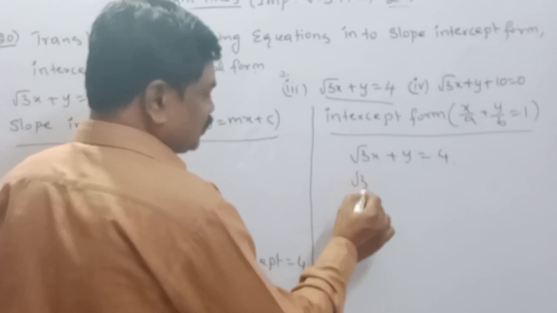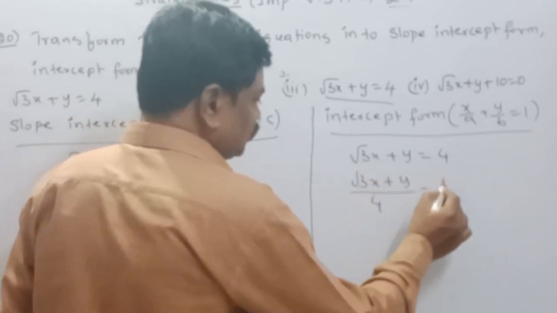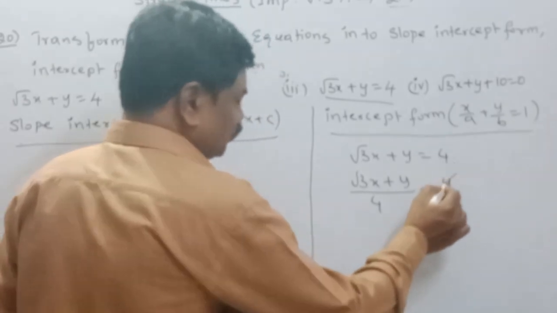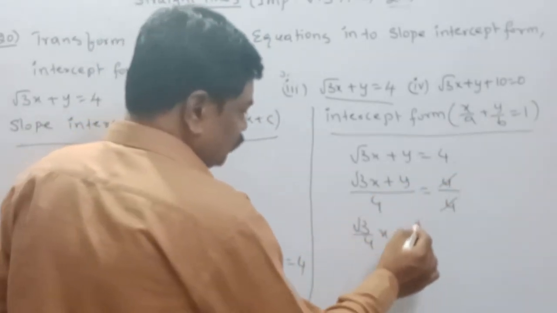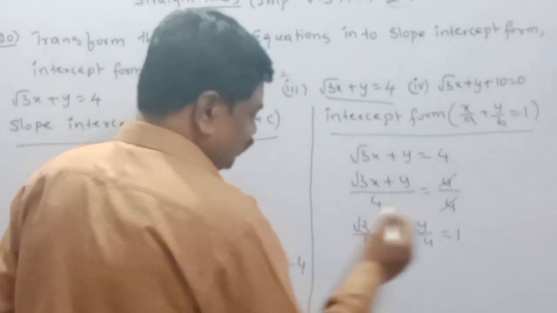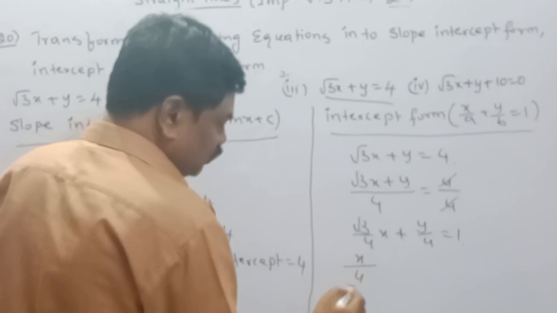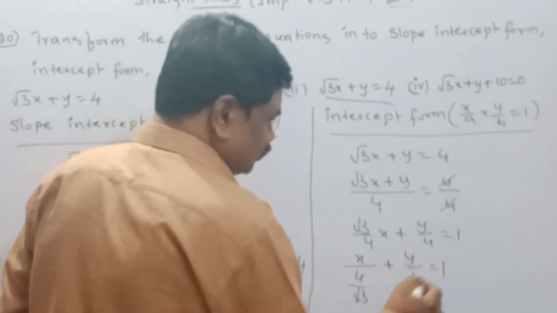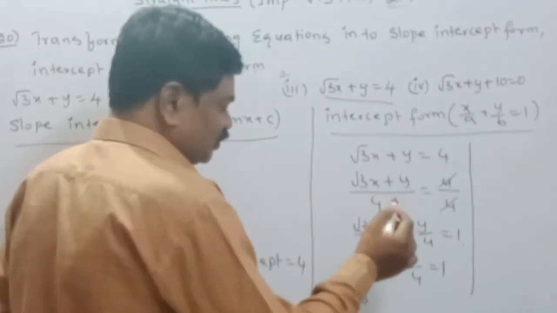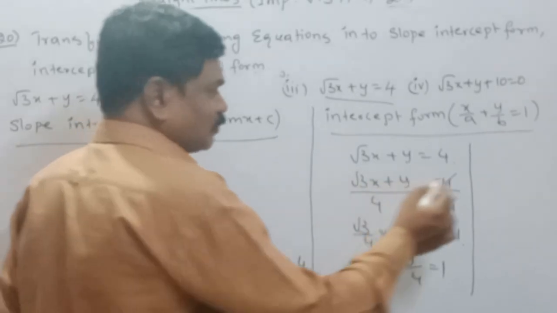This can be written as (root 3x plus y) by 4 is equal to 4 by 4. 4 cancels. Root 3 by 4 x plus y by 4 is equal to 1. This can be written as x by (4 by root 3) plus y by 4 is equal to 1, which is in the form of x by a plus y by b is equal to 1.